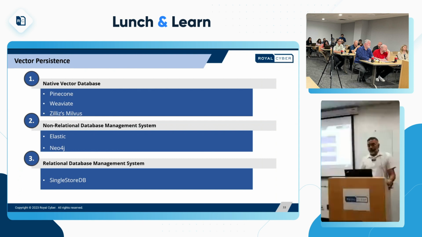I think these are all the different vector databases available right now. Starting from the native vector DBs, you have Pinecone, Weaviate, Zilliz. There are also non-relational vector databases like Elastic and Neo4j, and relational vector databases like SingleStore.